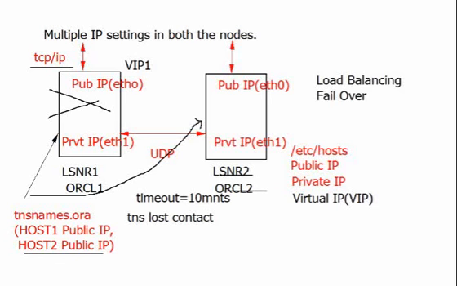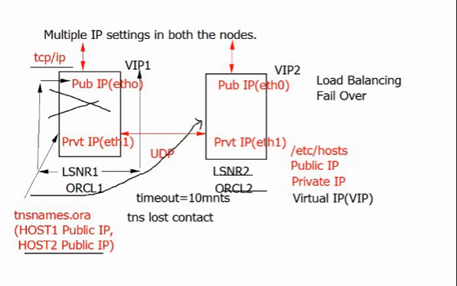And VIP1, since it's an IP available on ETH0, your listener is aware of both your public IP as well as your VIP. That means the listener knows that it can listen to the public IP as well as the VIP.